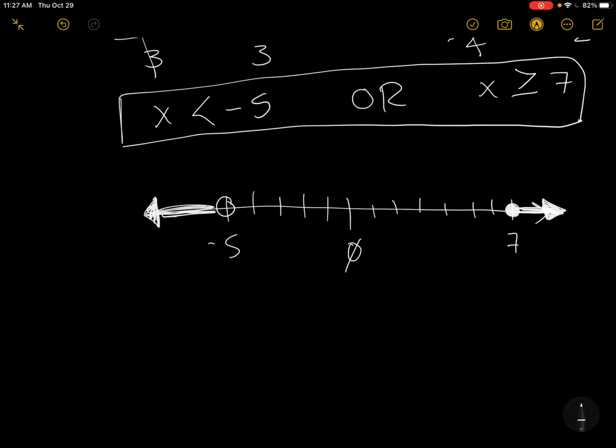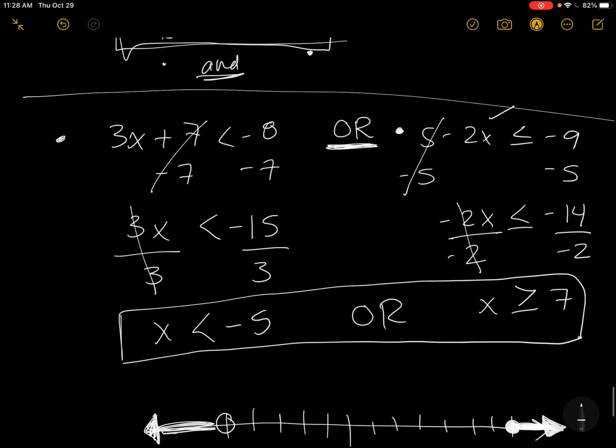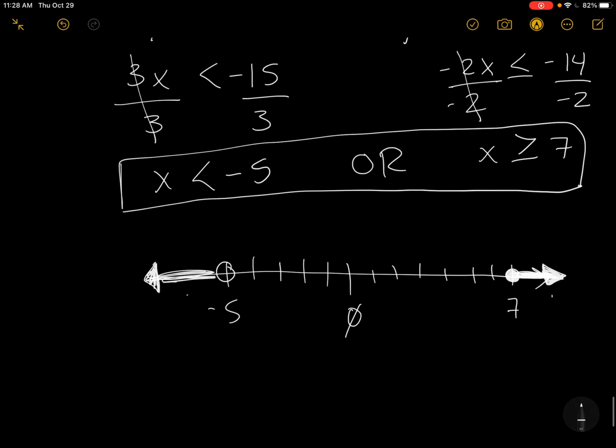So when you have something like this, it's just saying as long as x either fulfills this one or this one, it doesn't have to do both at the same time. These are all the range of right answers. So now it's opposite from between, right? It's kind of like the outer side. So not between negative 5 and 7, but greater than 7, less than negative 5.